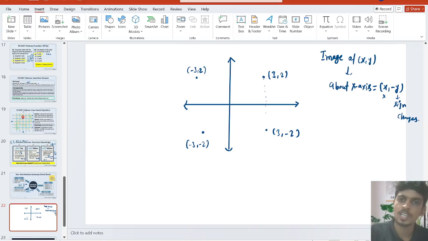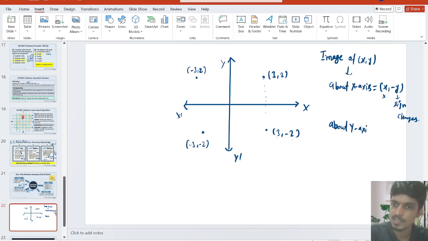Okay, here you see the image of (3, 2) about the x-axis. This is the x-axis and this is the y-axis. The image of (3, 2) about the x-axis is (3, -2): the x-coordinate does not change, the y sign changes.